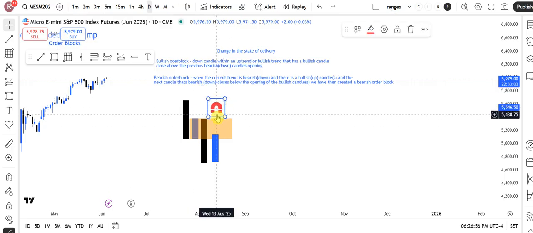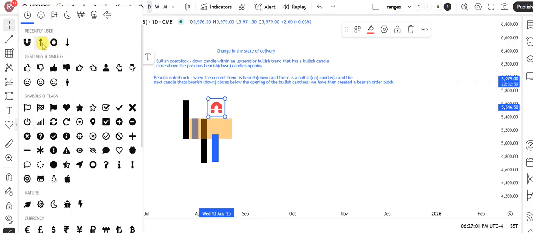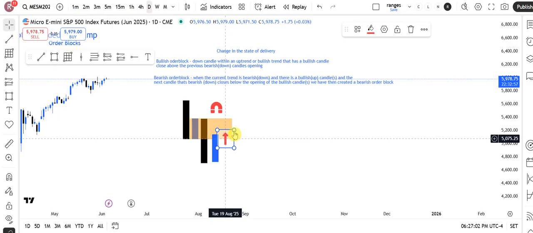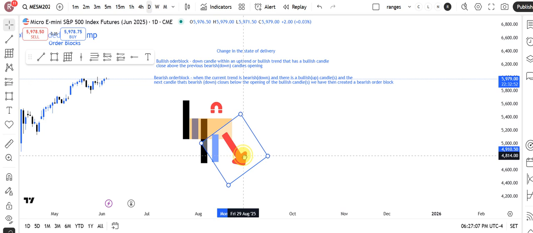It's going to be one to draw back up into it, and if it does, we can use it to take a trade and continue in the direction that it was going.